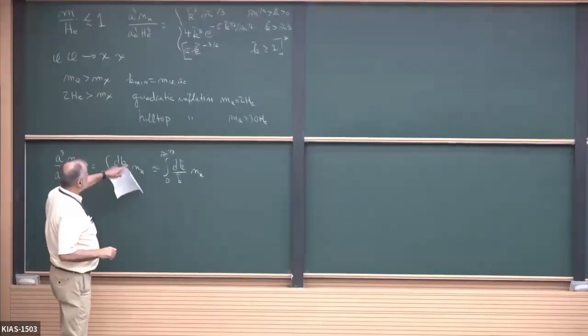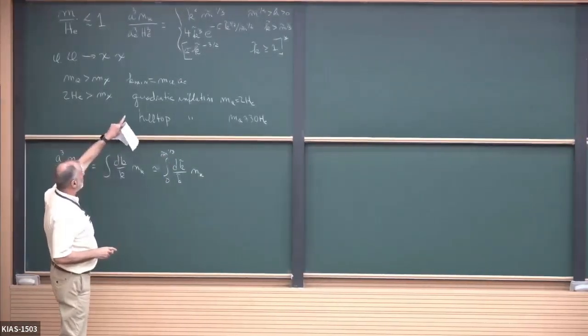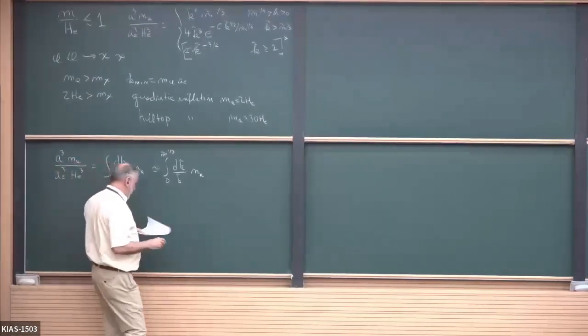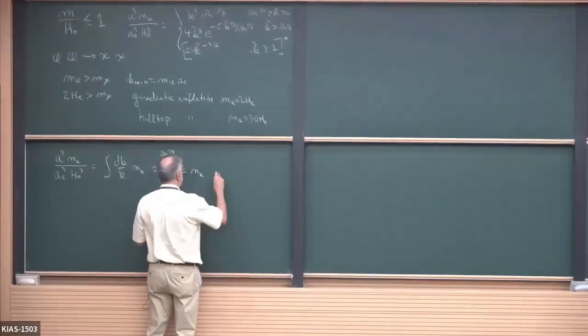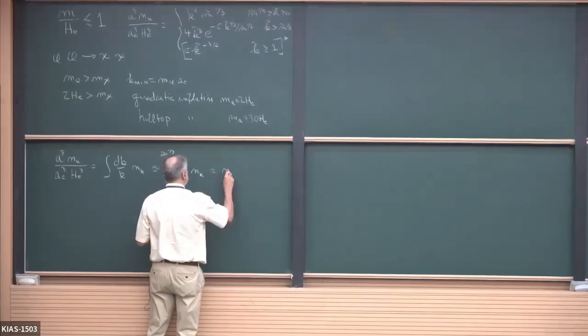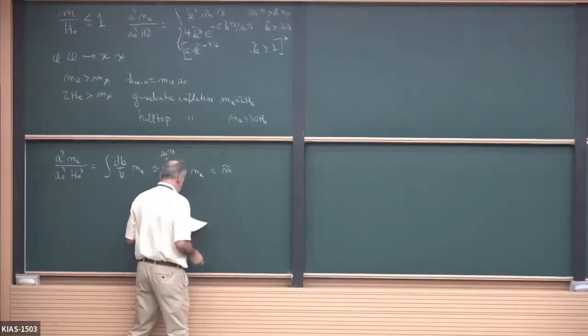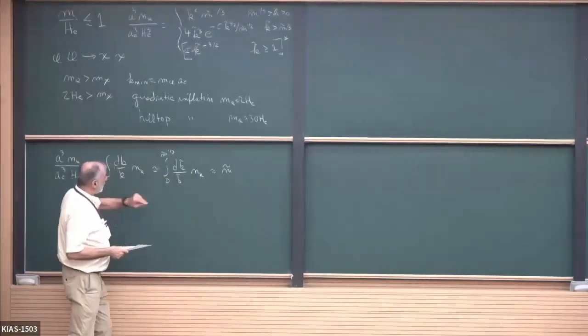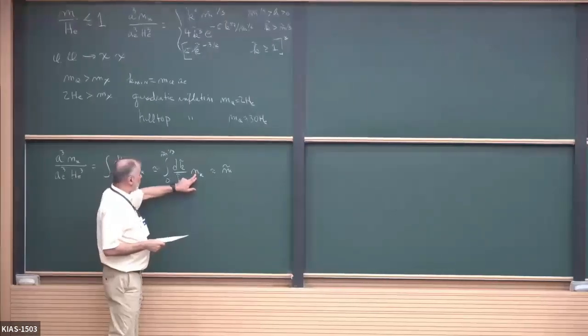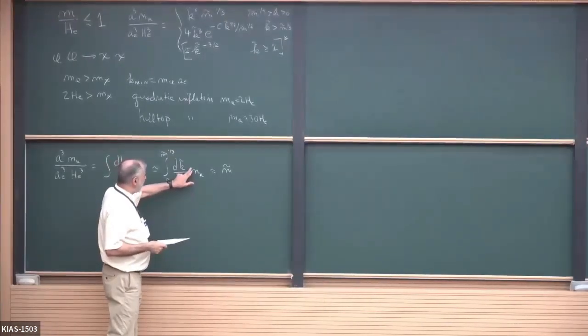So integrating this, let's just pick the low end. This turns out to be m tilde. So this n sub k goes as k squared divided by k is k.